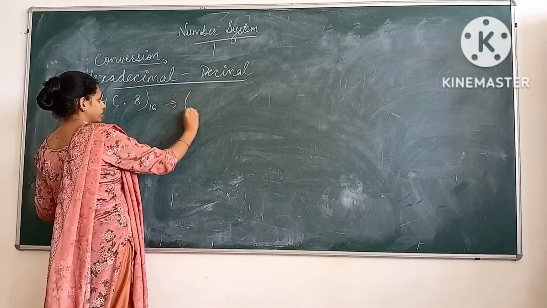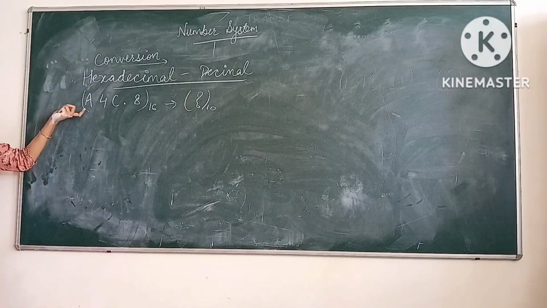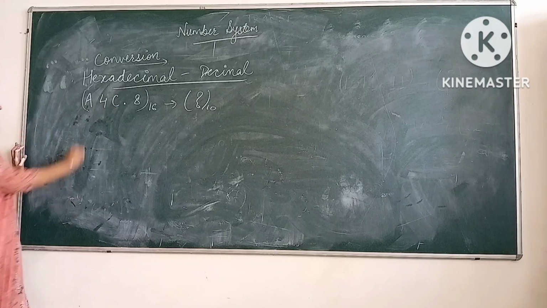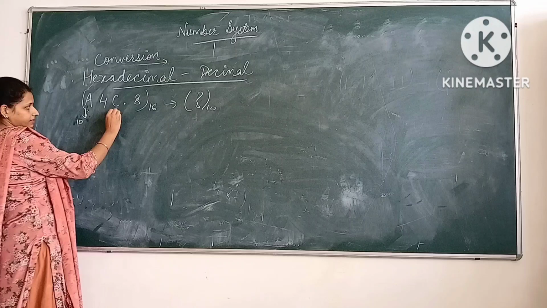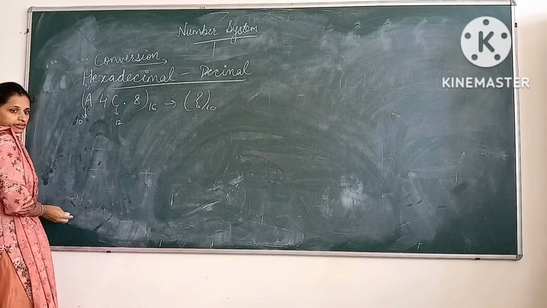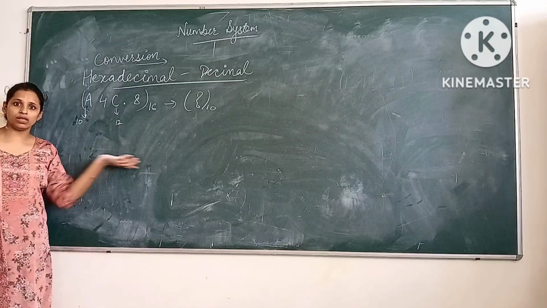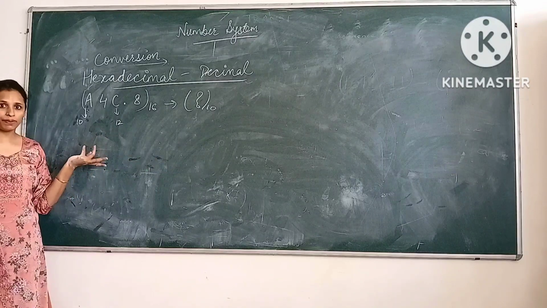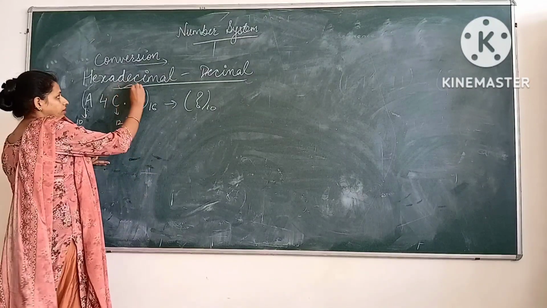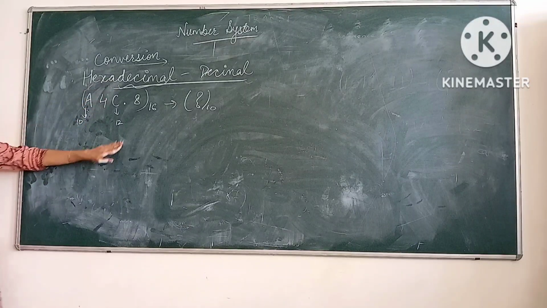This is hexadecimal and we have to convert it into decimal. Now this hexadecimal means here we have alphabets. We have to figure out A is 10 and C is 12. So the same procedure as in binary to decimal and octal to decimal. The base we have to use in this case is hexadecimal base, that is 16.